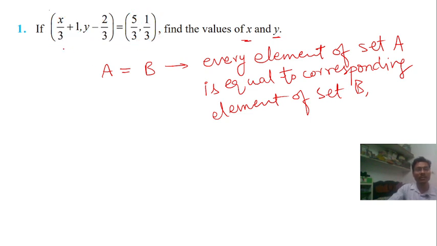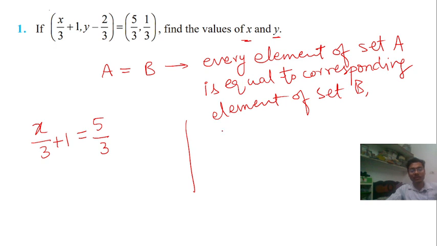Okay. So the first element of set A is x upon 3 plus 1 is equal to 5 upon 3, and the second element of set A is y minus 2 upon 3 is equal to 1 upon 3.